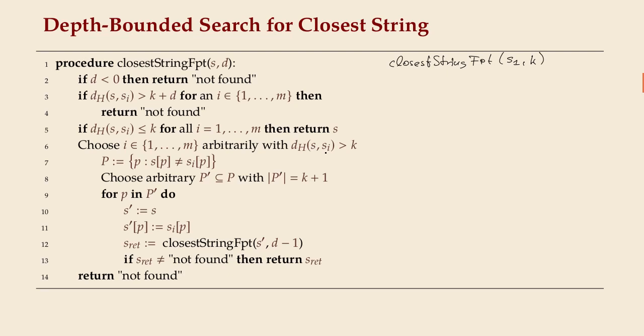So you move a bit closer to Si, and you do that for a whole subset of the positions where you could do that. Then you recursively make a call with this new consensus candidate and one less allowed change. Whenever you find one that satisfies the problem, you simply return it. And if none of these works, that's going to be the hard part to show, then there actually is no solution with that distance.